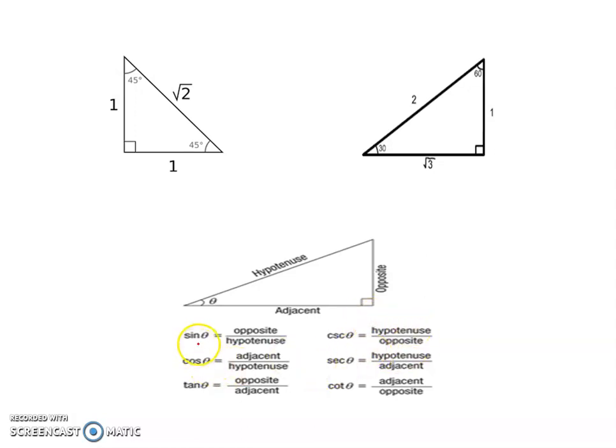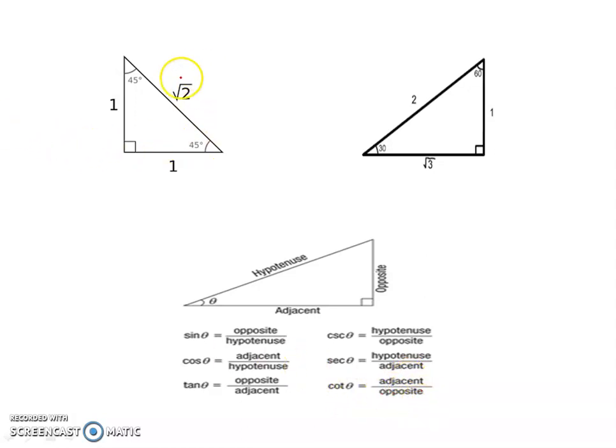So sine theta is opposite upon hypotenuse. Cos theta is adjacent upon hypotenuse. Tan theta is opposite upon adjacent. Cosec theta is hypotenuse upon opposite. Sec theta is hypotenuse upon adjacent. Cot theta is adjacent upon opposite.